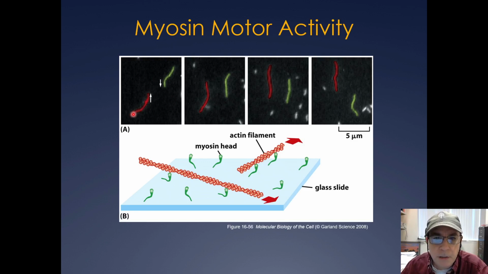As you look at this fluorescence image above, you have 2 actin filaments, one colored red using rhodamine, and the other colored green using a green fluorescent tag, and you can see that they move as you look at this time-lapse video. So the green is moving downward, and the red one is moving upward.